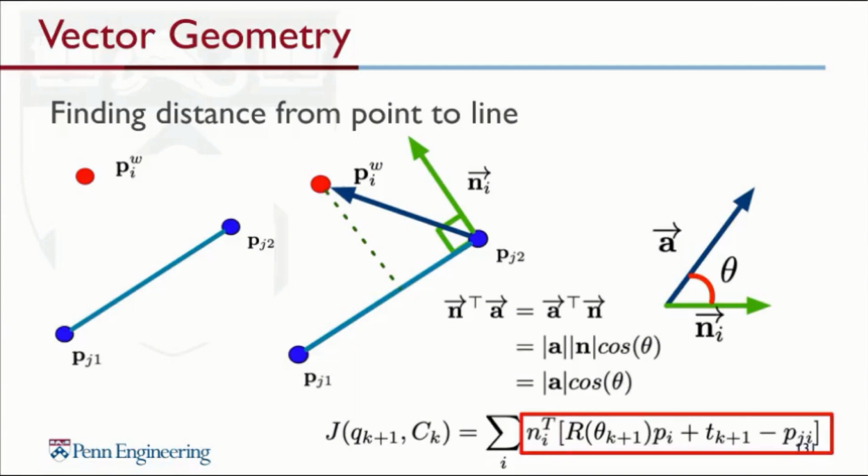And finally, this is the inner product which computes the distance from the transformed point to the line segment corresponding to that point. Thus, the objective is simply summing up all of these distances between the points of one set and the corresponding line segments.